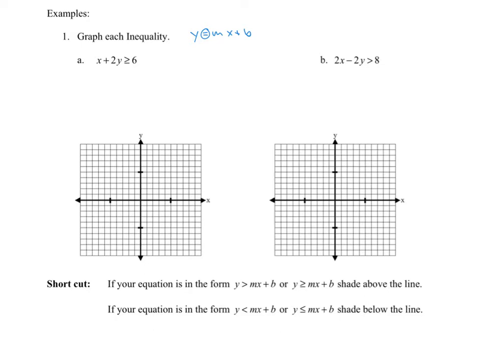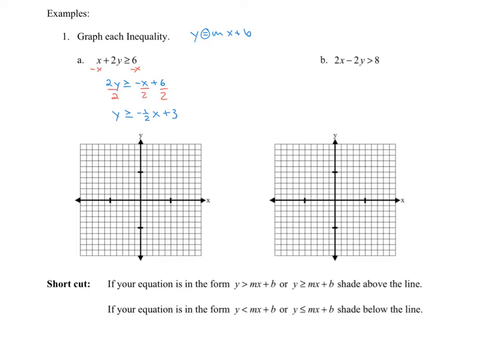So in this first example, to isolate y, I need to subtract x from both sides. That gives me 2y is greater than or equal to negative x plus 6. And now I need to divide both sides by 2. Now remember, if you divide both sides of a linear equation by a negative number, or if you multiply both sides by a negative number, you have to reverse the inequality sign.